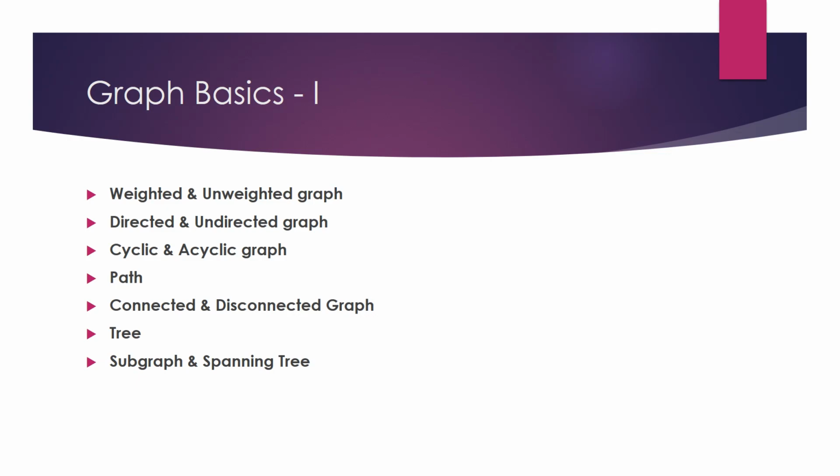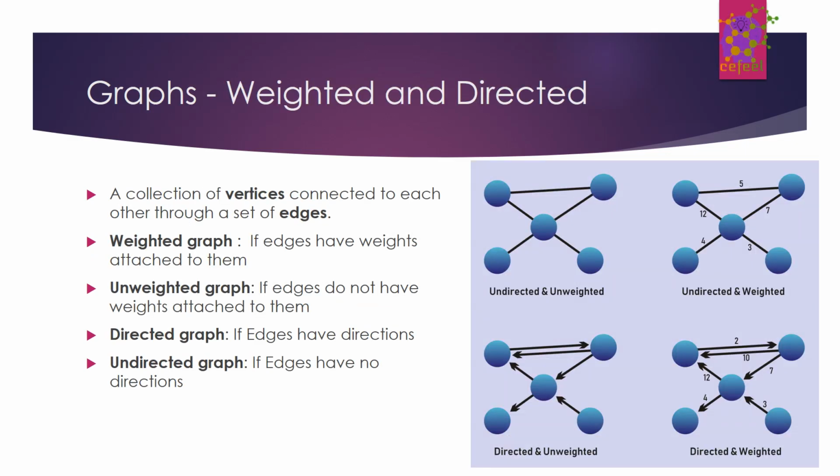We'll see what a connected and a disconnected graph is. Then we'll see what a tree is. We'll also see two additional properties, which are a subgraph or a subset graph and a spanning tree. So let's get started with the first, weighted and directed concepts.